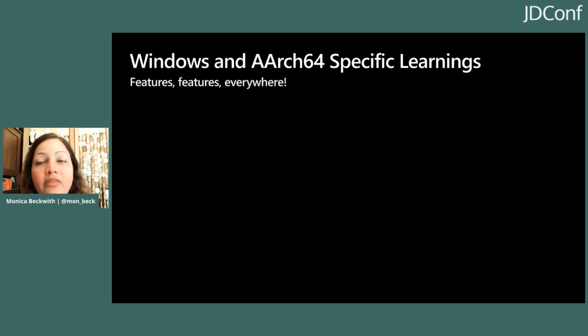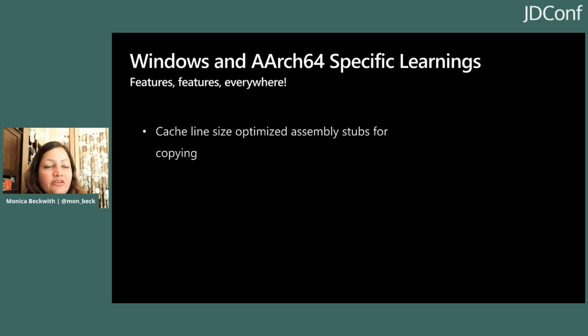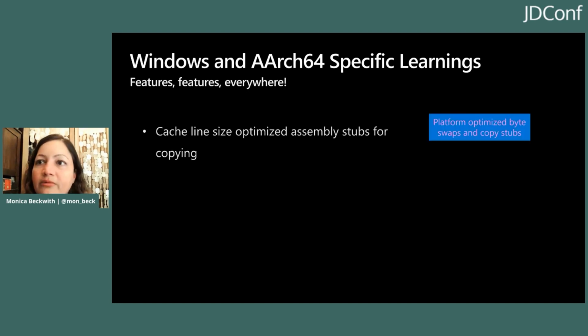There's one more thing. Once you know what platform you're running on, it's very easy to put in some optimizations. These optimizations were in the form of hand-coded assembly routines. For HotSpot, we call them assembly stubs or just stubs. We did that for byte swaps and copy stubs and stuff like that.